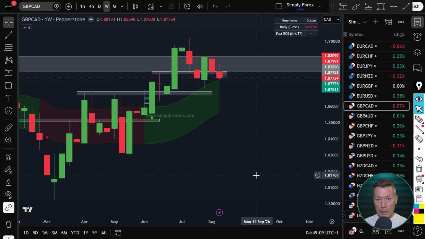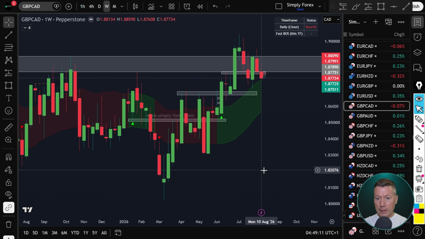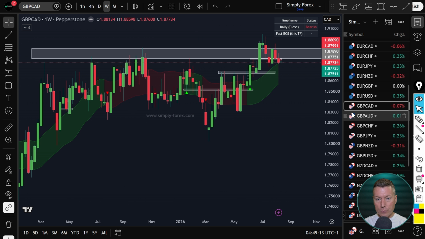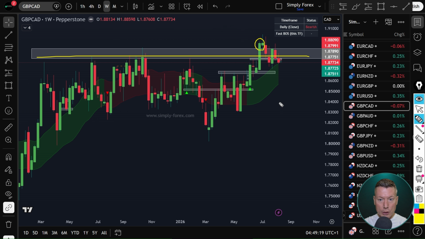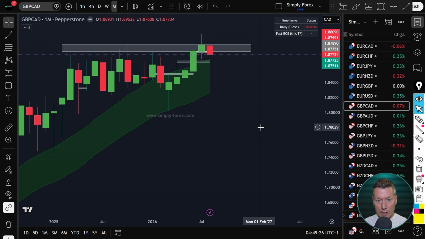Let's start with the weekly. Again, this is about a resistance level. Okay, so this is a resistance level. And interestingly, on the weekly chart, we've broken it. But if you go up a time frame, if we went to the monthly chart, you can see we have wicked back down and held on to these highs here. Okay.